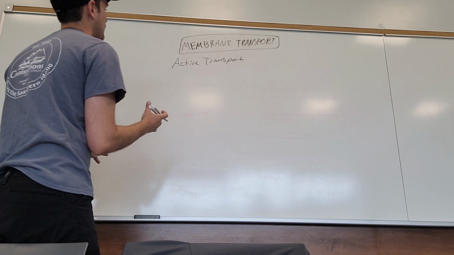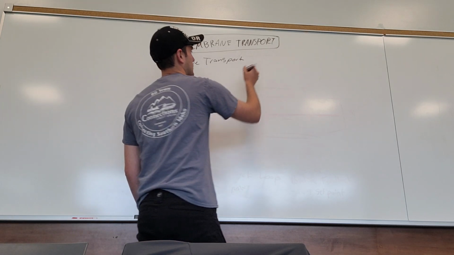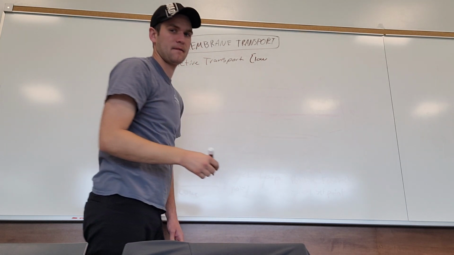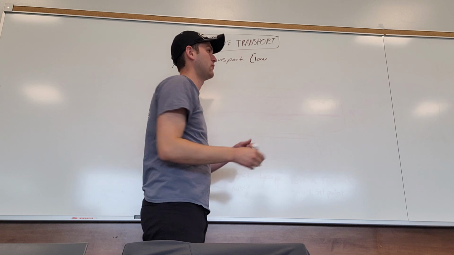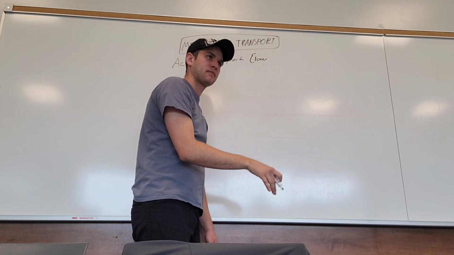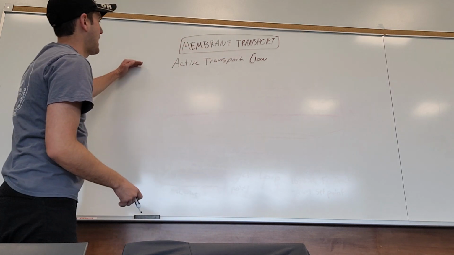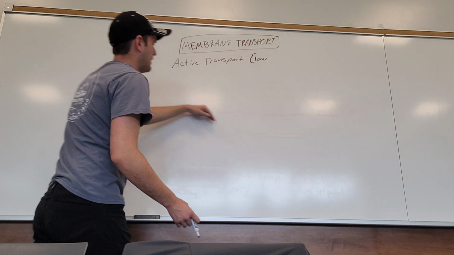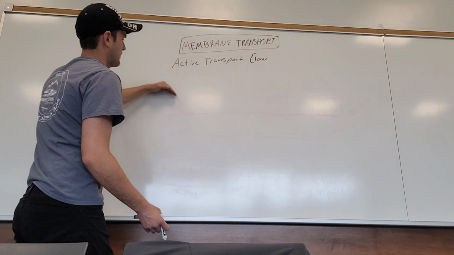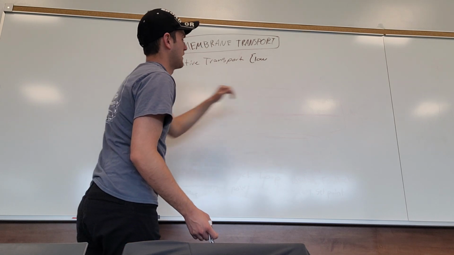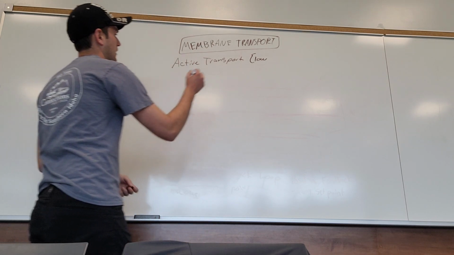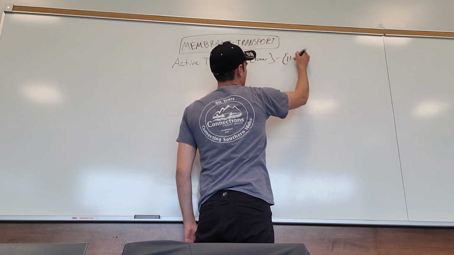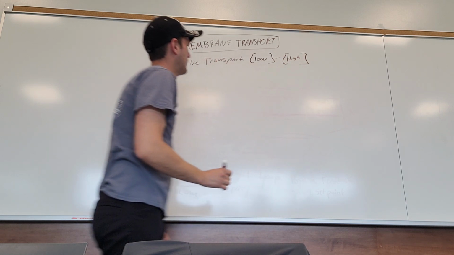But this is if we want to move things from a low concentration to a high concentration, so against its gradient. Normally solutes want to move with that high to low gradient. It's almost like if you're at the top of a mountain, you want to get to the bottom. You're high, you want to get to the low. Water is going to naturally flow high to low. It's never going to go low to high. So what's going to happen if we want to go from low to high concentration?